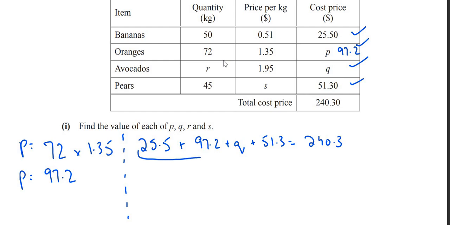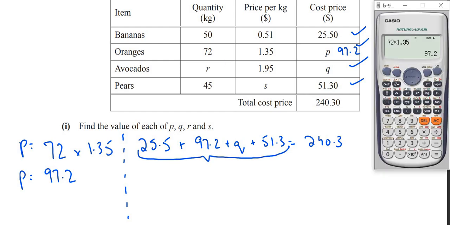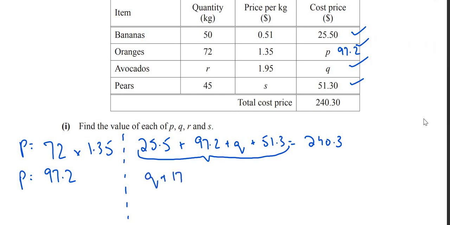What you will do, you will add all of these numbers now. So let's take out our calculator. So we will do 25.5 plus 97.2 plus 51.3. We get 174. So Q plus 174 is equal to 240.3.